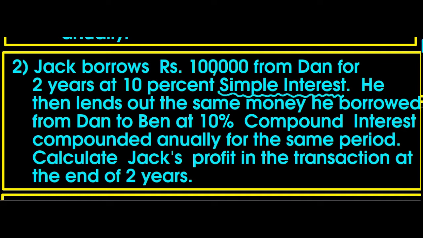He then lends out the same money he borrowed from Dan to Ben at 10% compound interest. Note that we are talking about compound interest, compounded annually for the same period. Calculate Jack's profit in the transaction at the end of 2 years.